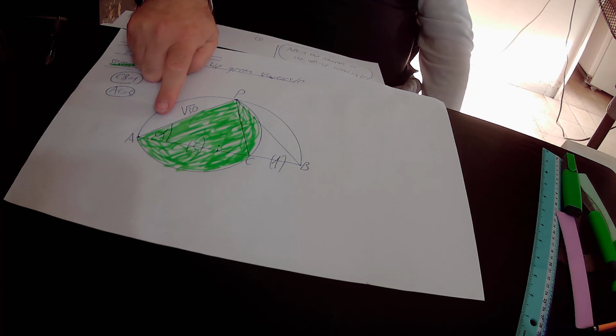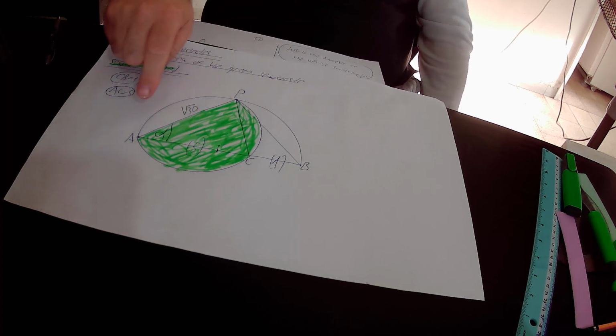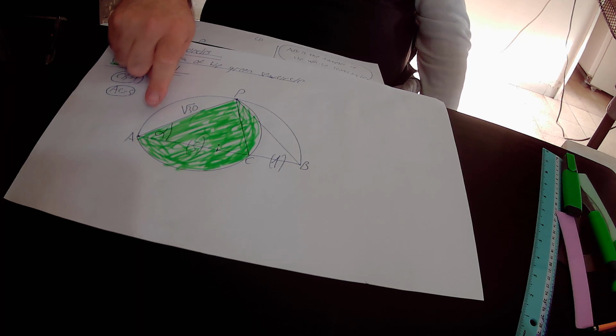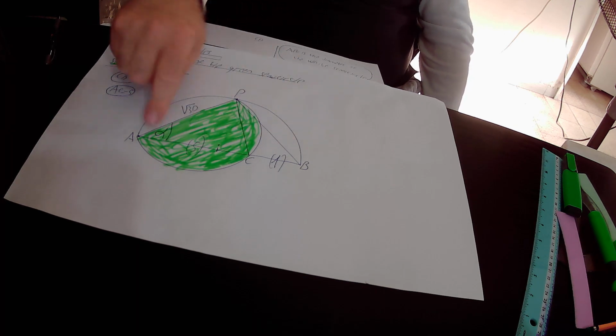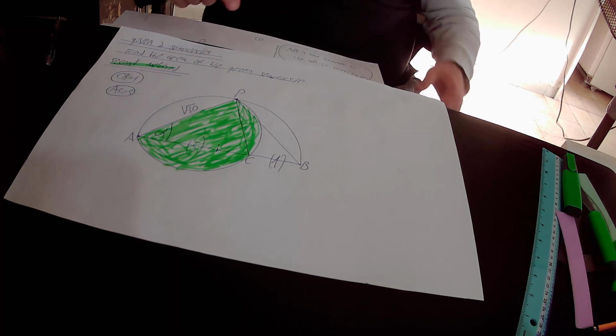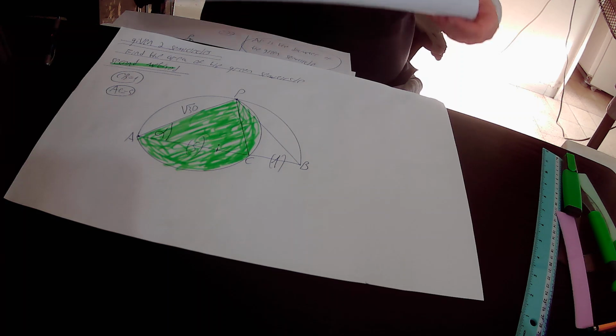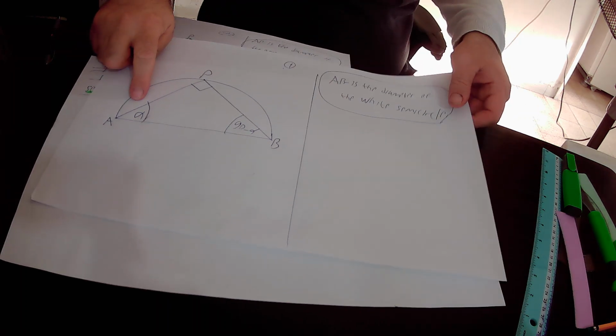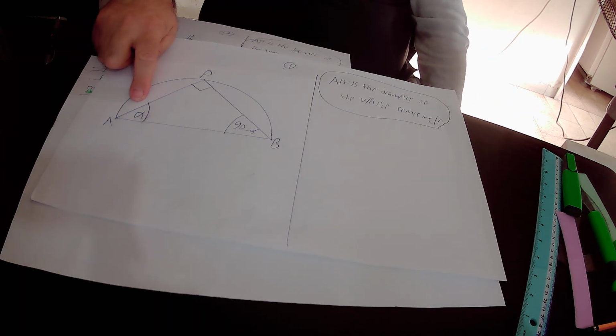Angle A belongs to the green triangle APC, and angle A also belongs to the triangle APB. So we define the size of this common angle A as alpha.